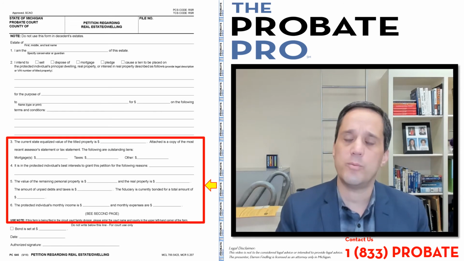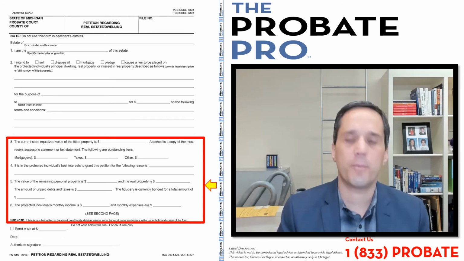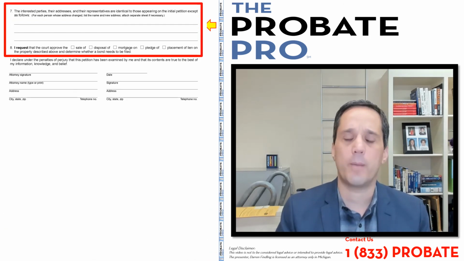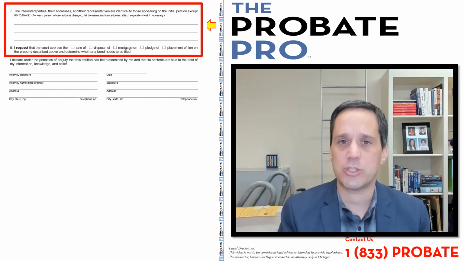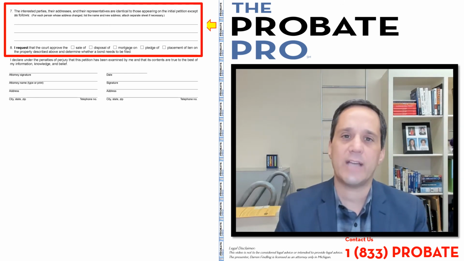As you continue to move down the document, it asks for monthly income and expenses to understand, again, a full picture of the financial transaction that's being entered into. On the back side of the form, you are again identifying whether any interested persons as defined under the statute and court rule have changed from the initial petition for conservatorship. So you want to constantly update the court as to the interested parties and their addresses.